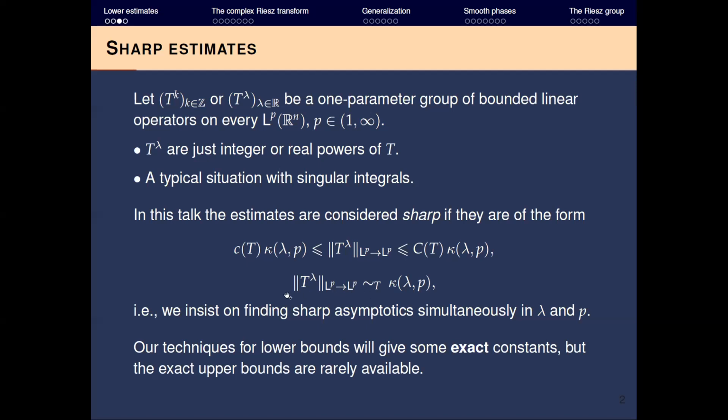And we will write such bounds in this way: this operator norm is comparable to this quantity kappa, expressed in terms of lambda and P.